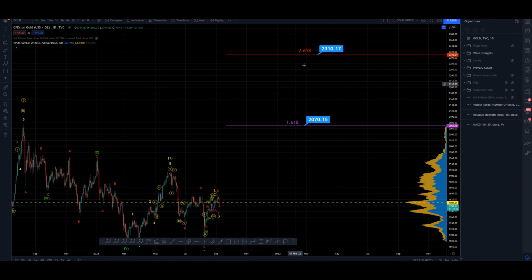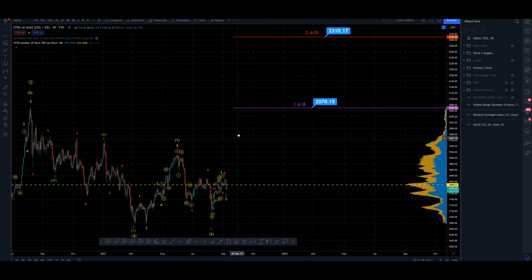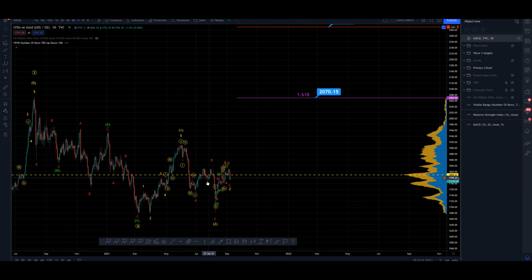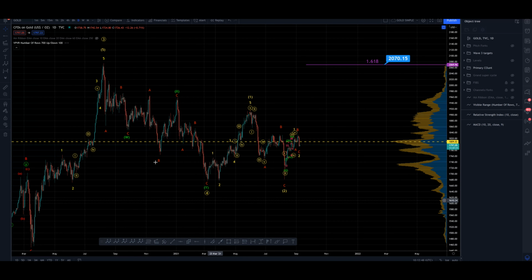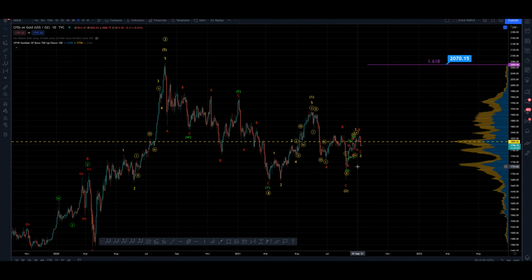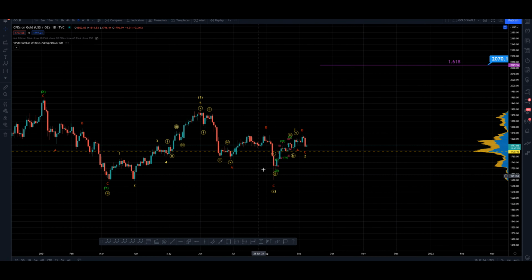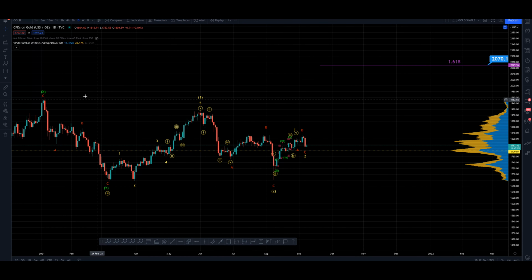I think we should really come up through these before we start getting any more bullish. So now that we've got our targets and we've got our initial 1 and our initial 2, let's have a look at this more recent price data and see if we can pick anything out which gives us potential greater understanding of where we're going. So let's just zoom in and see what we can see.